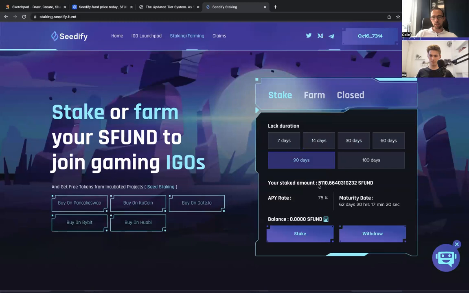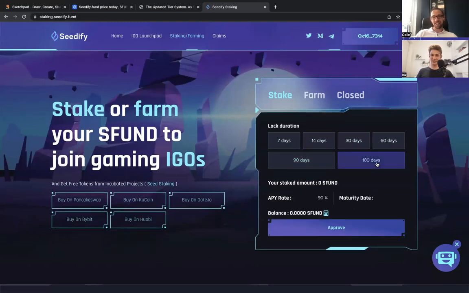Look, that's me. 5,000 S fund. 75%. And then 180 days, 90%. So yes, it might not be super relevant to stake more, but you could stake more for the APY gain that's attached to it. And the APY gain could potentially make up for the loss in value of the token if the market is bearish or moving sideways, right?